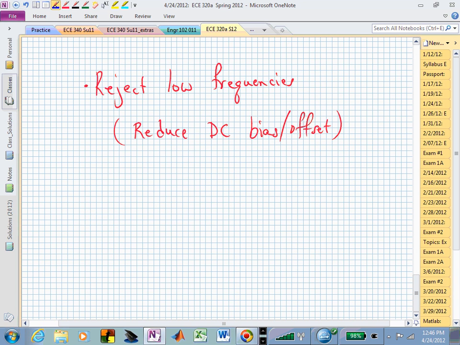The next filter that we will talk about is the bandpass filter.